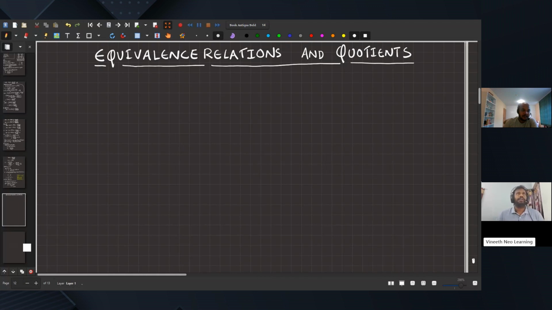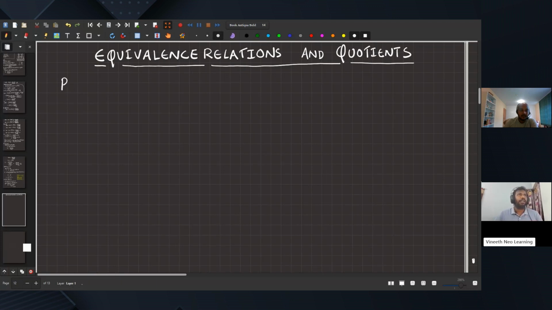When you exactly pin down the idea of equivalence relations, quotients are just an extension of that idea. Quotients are just a set of equivalence classes. So to understand equivalence classes, we need to understand equivalence relations, and to understand equivalence relations, we need to understand what a relation is.